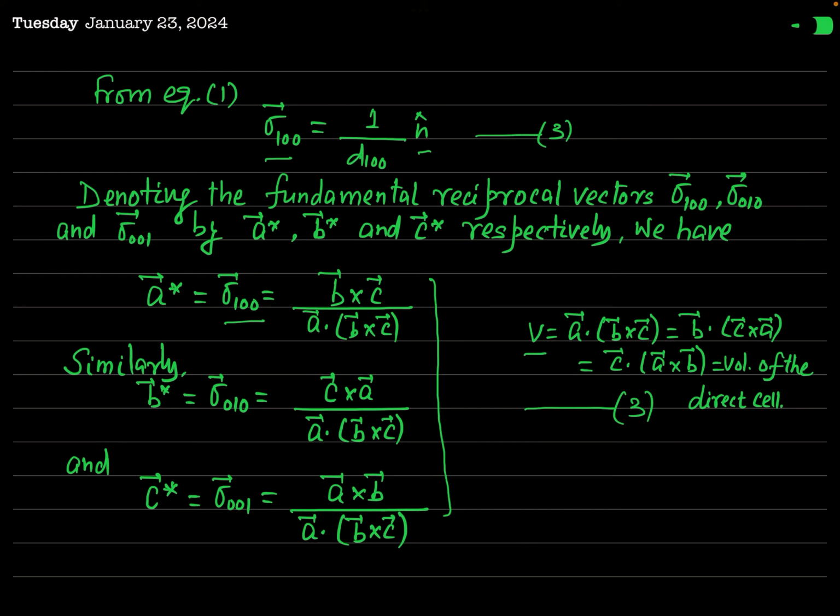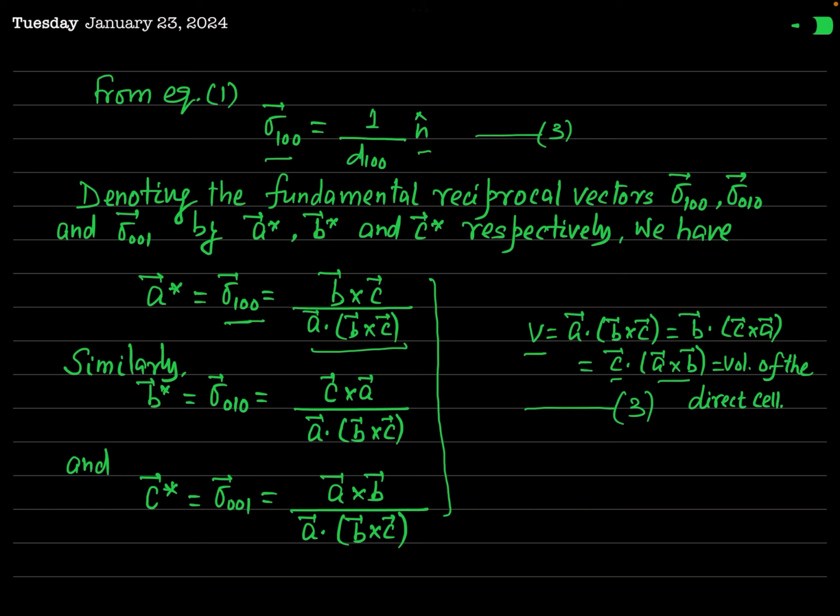V is equal to A dot B cross C. Or you can also write it B dot C cross A or C dot A cross B. All these are equal, and that represents the volume of the direct unit cell. Okay. So sigma 1 0 0 is defined by B cross C divided by A dot B cross C.